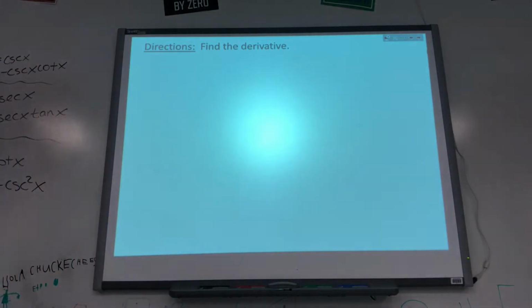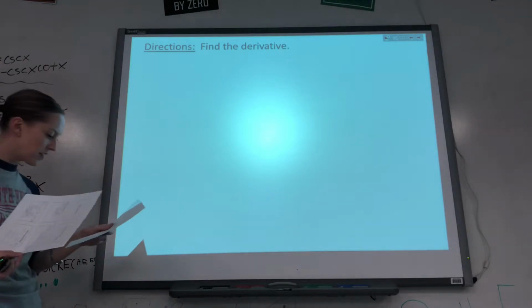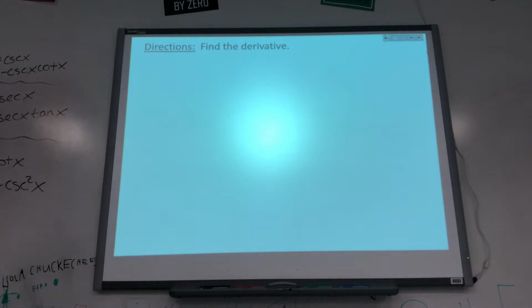And I think you'll find that these work out pretty nicely. Okay, first one, f of x equals e to the 2x minus 1 power.